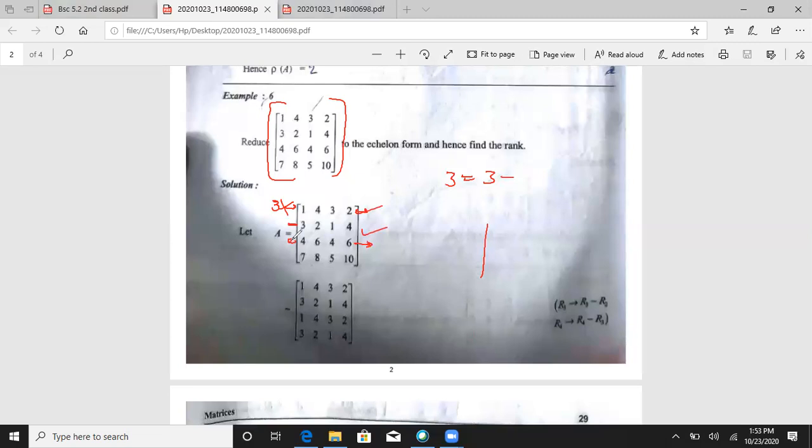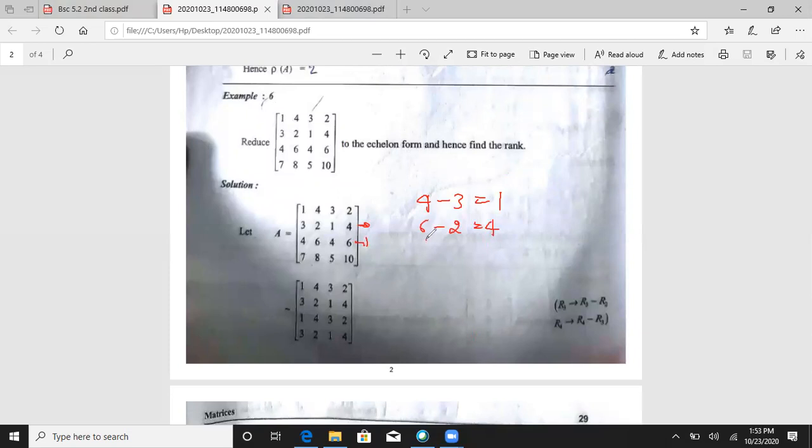R3 minus R2, where R3 is the third row and R2 is the second row. 4 minus 3 is 1. 4 minus 3 is 1. Then 6 minus 2 is 4.